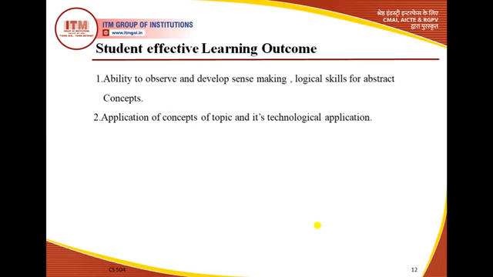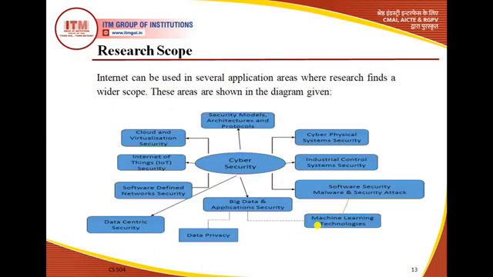Whatever the abstract applications and concepts may be, this presentation gives us an ability to observe and understand what the internet is providing, the services, applications, etc. Also the application of the concepts of the topic and its technological applications. We also saw several technological applications which the internet finds in today's age. So these are the two effective learning outcomes which I think the previous slides relate to.